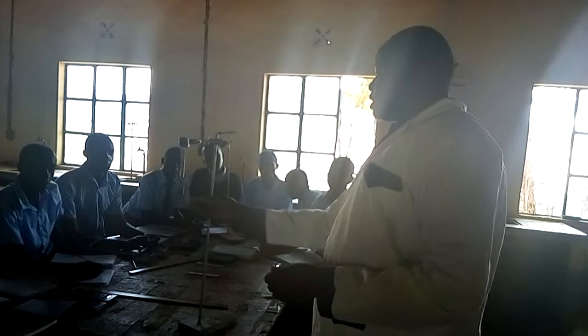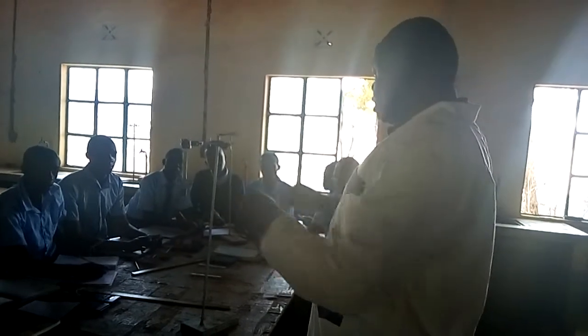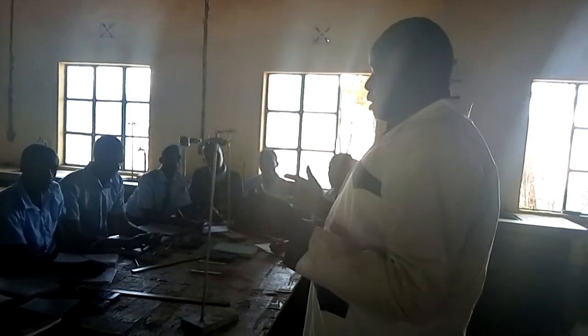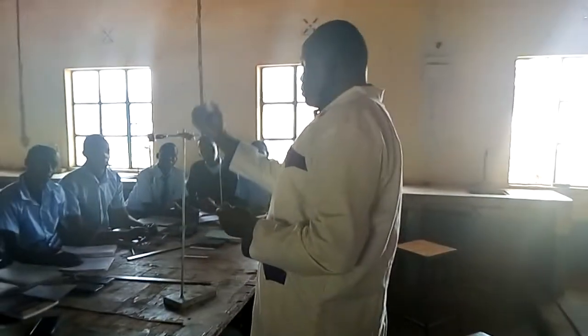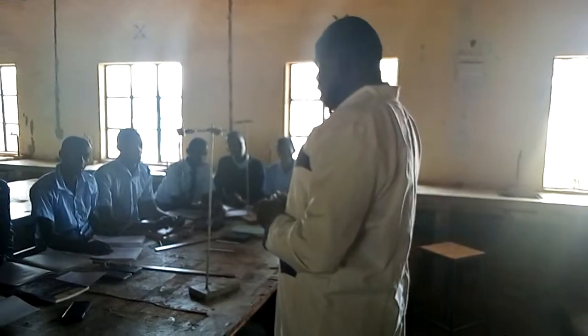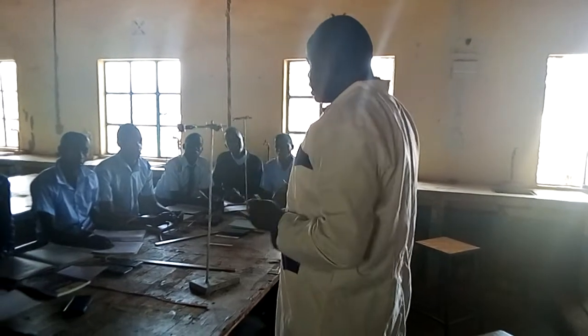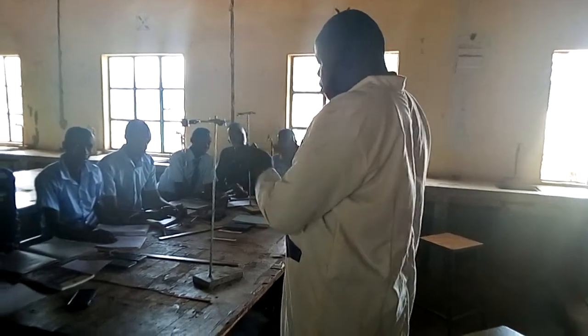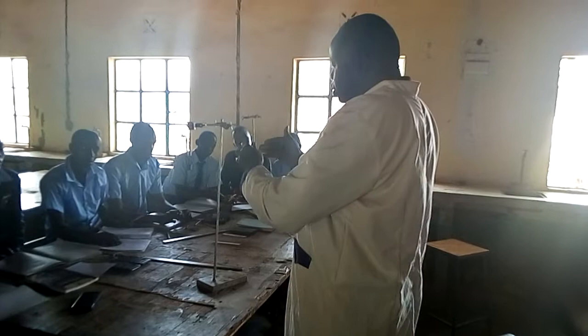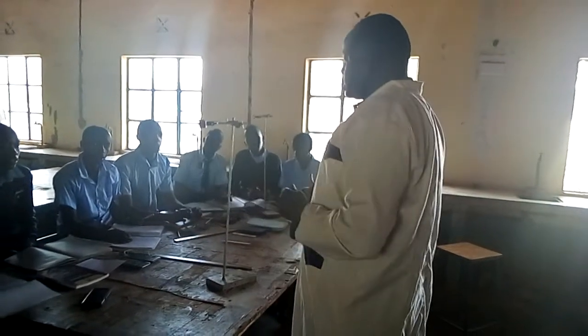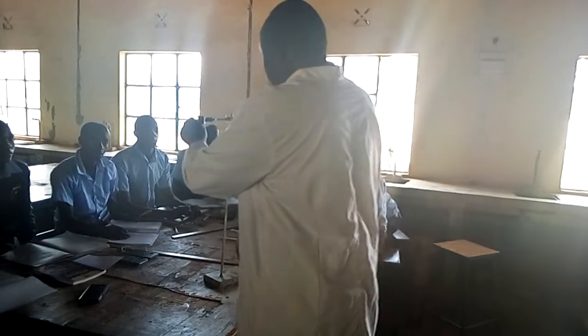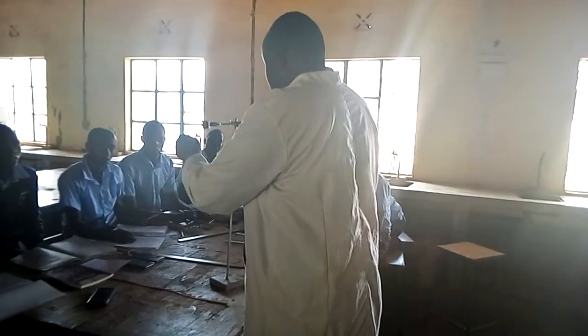So what we want to establish from here is what happens when you add more masses? What will happen to the extension? And that's what we want us to learn in that experiment. You will fill that table, adding some masses and seeing what happens to the extension as the masses increase. So that's what we want to do in the next 30 minutes and get the data.